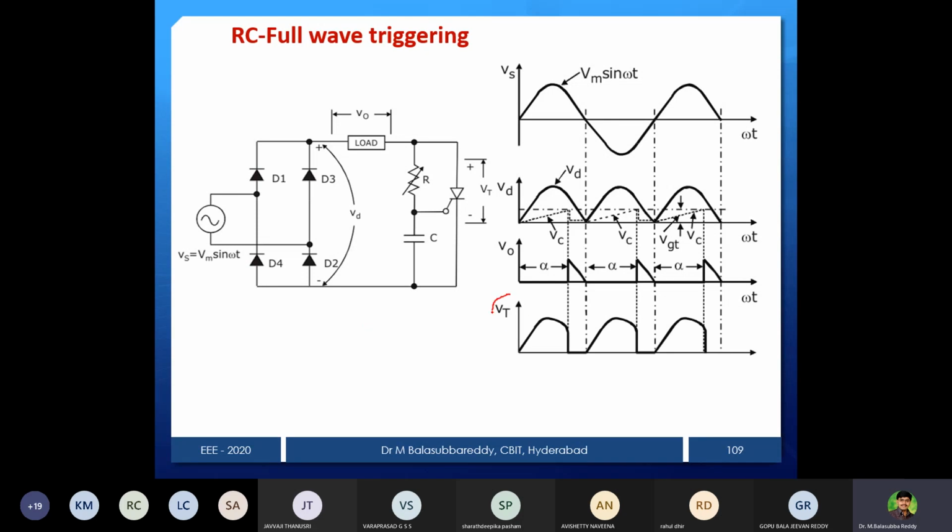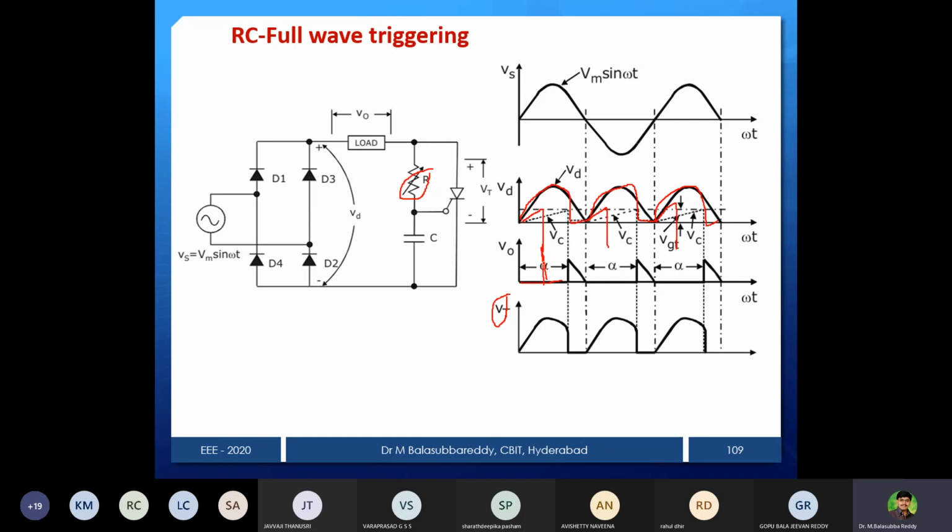Like this, the voltage across the thyristor: as you know, if it is in the off condition, it is the same as the source. What is the source? This one. Once it is on, it will be 0. Again in the off condition it is the same as the source, and when it is on, it will be 0. By controlling the R here, you are able to control the alpha, whether it has to fire here, because if you use a low R, automatically it will trigger only at this point.